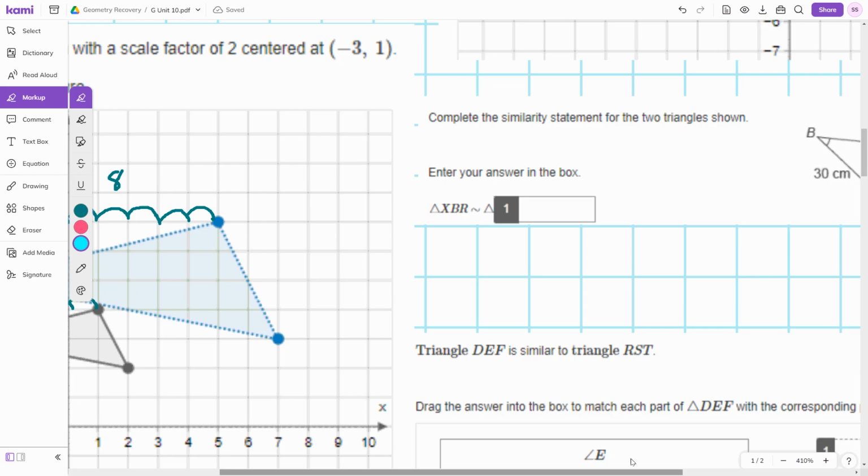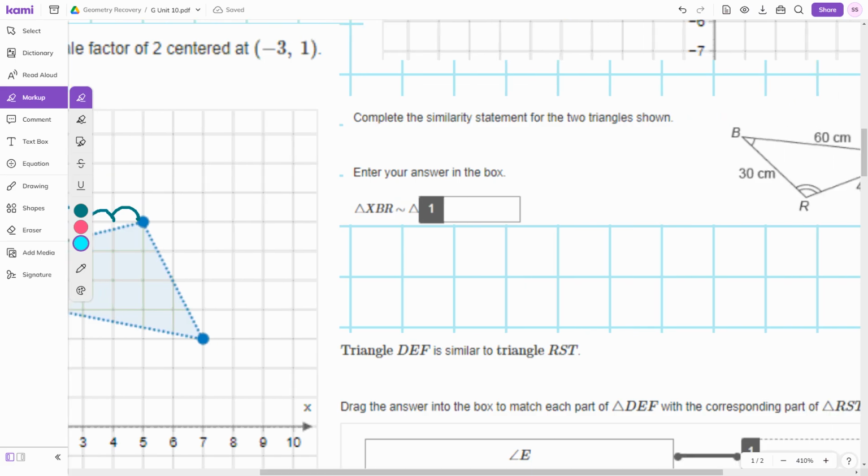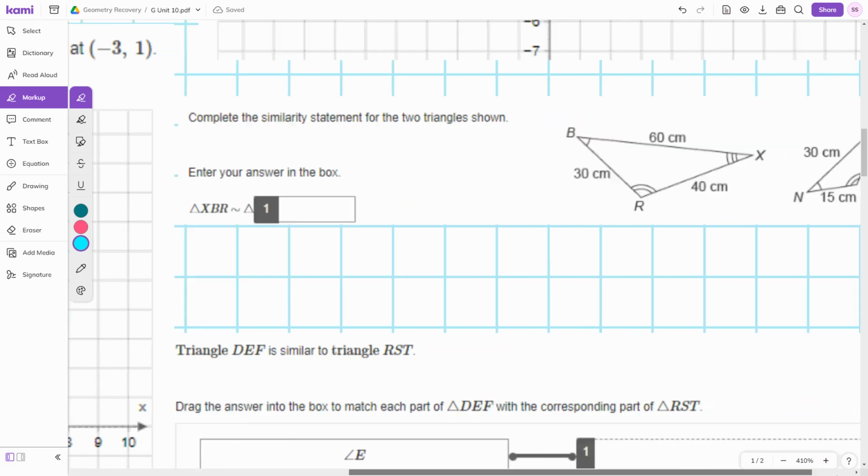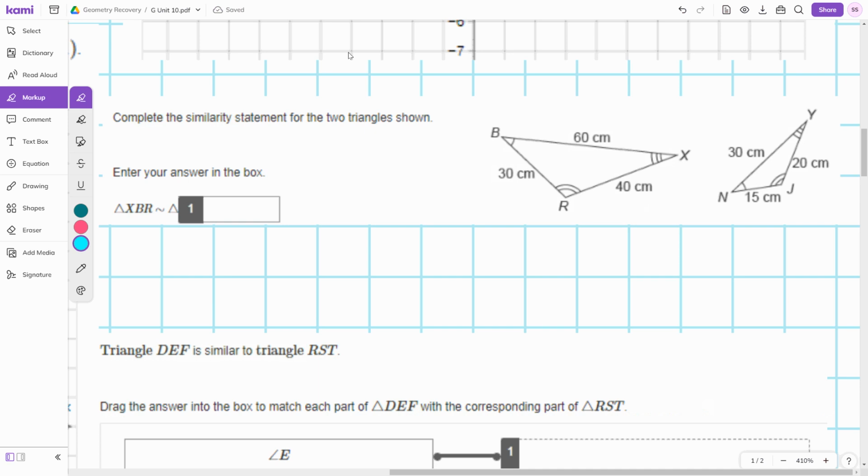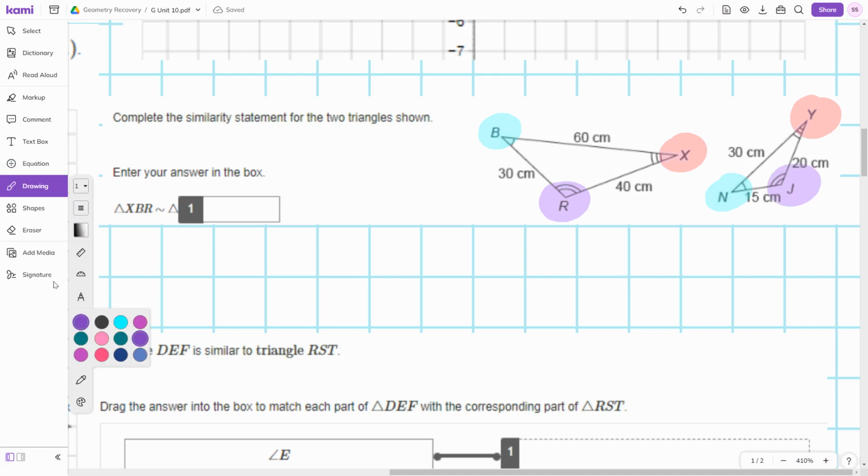So I'm going to zoom into this a little bit so that you can see exactly what I'm looking at over here. I'm looking at angle B corresponds with angle N. Looking at the angles, angle X corresponds, as 1, 2, 3 markings, with Y. And then last but not least, R corresponds to J. And that's just like when we did congruency markings, the order matters.